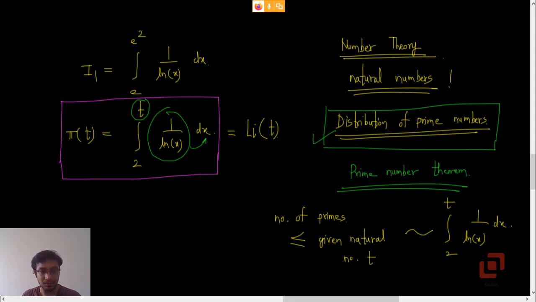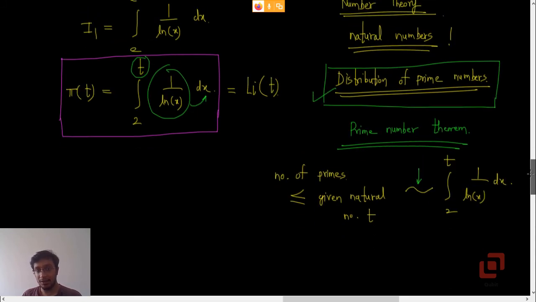Now this symbol, which you may have used to denote similarity of triangles, here in this context means as t tends to infinity.